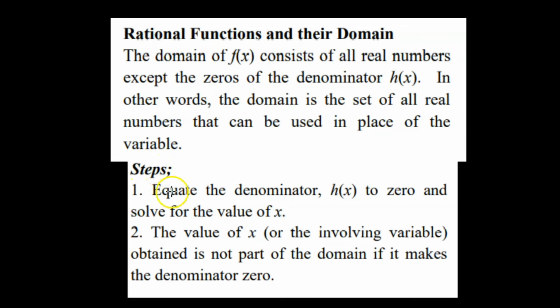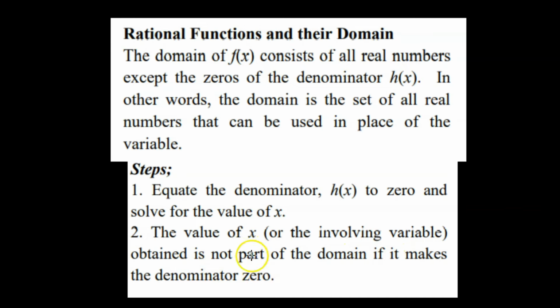Now, the steps you need to consider when we want to find the domain of a rational function include: 1. First, equate the denominator. If it is h of x, equate it to 0, and then solve for the value of x. Now, when you solve for the value of x, then number 2, the value of x, or any variable at all, obtained is not part of the domain if it makes the denominator 0.